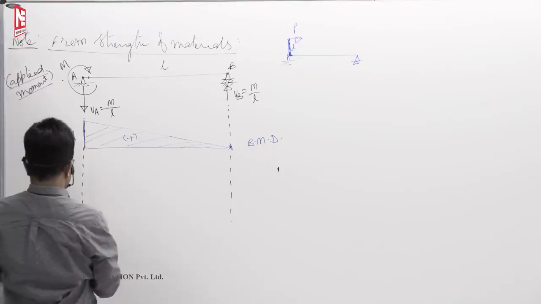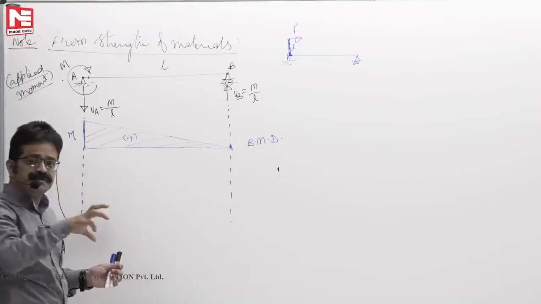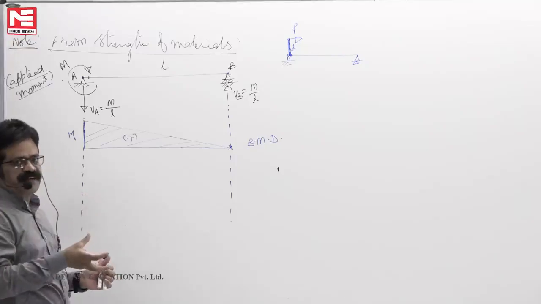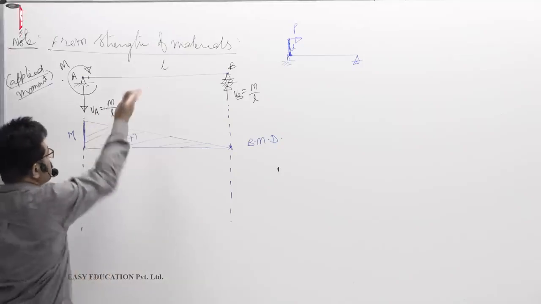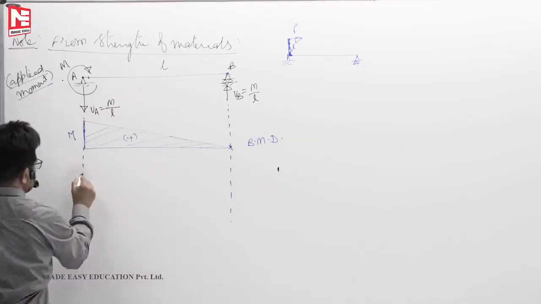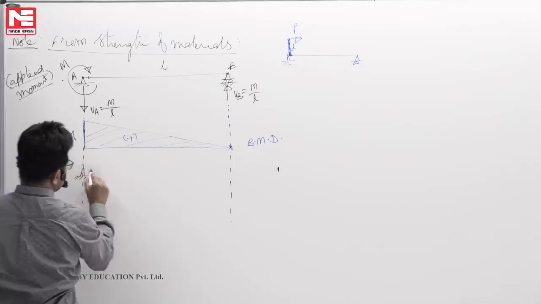Supposing I want to know the influence of M on the reactions and on the bending moment when I apply it at the center. Let us say this is the beam.